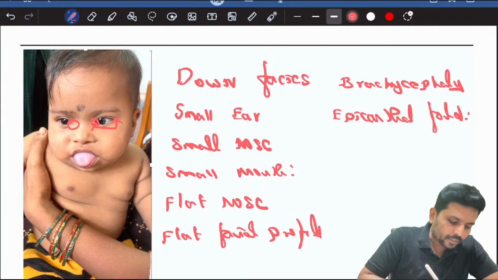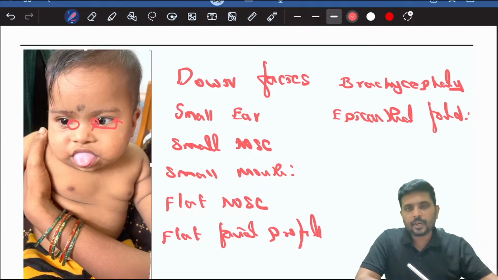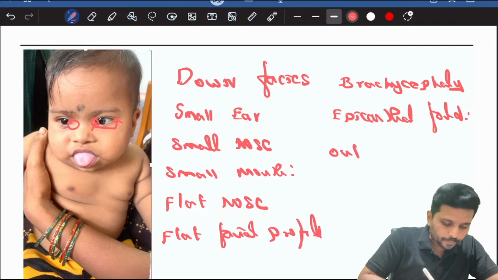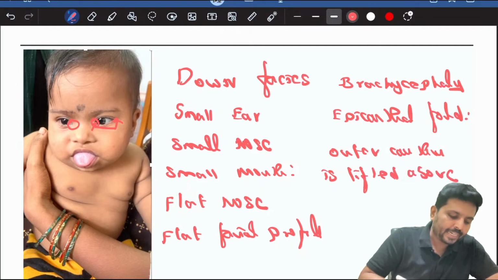The outer canthus is lifted above. This is called upslanting of eyes.